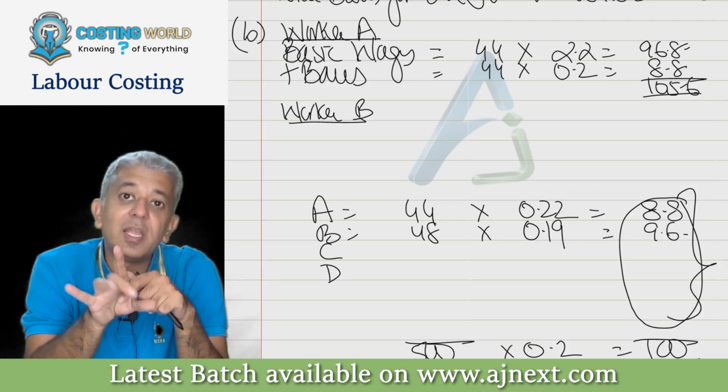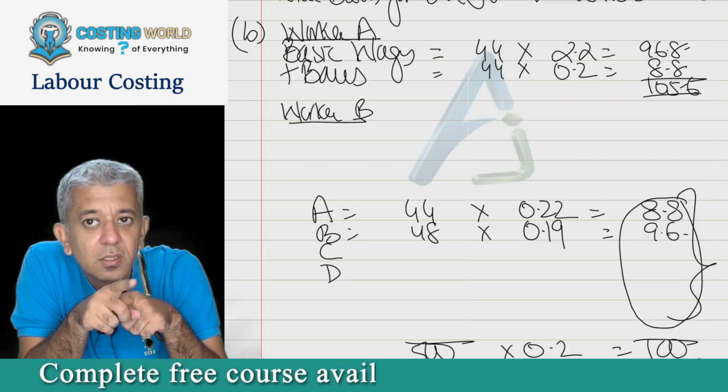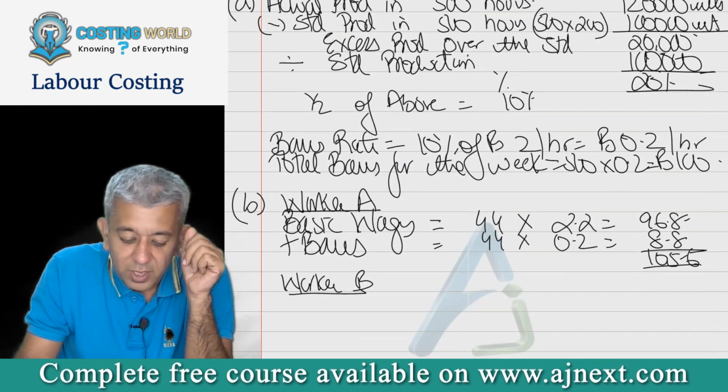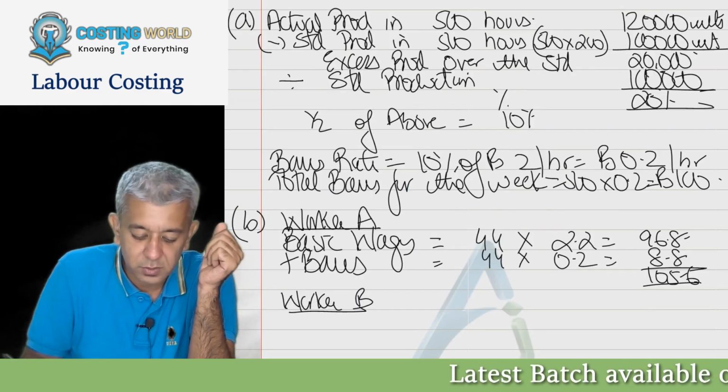1.9. But whenever he'll be given bonus, he'll get bonus at what particular rate? 0.2. You all continue, finish the things, whatever is on the screen, then finish the things for worker B also. First finish this, please.